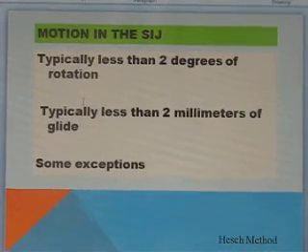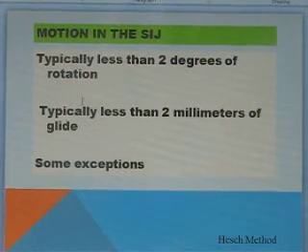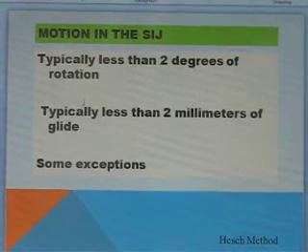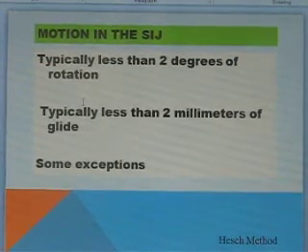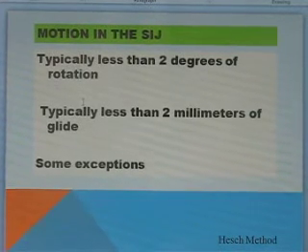So typically there's less than 2 degrees of rotation on one SIJ, typically less than 2 millimeters of glide. There are some exceptions. Of course there are a pair of sacroiliac joints and a symphysis pubis, so total motion is greater than that.